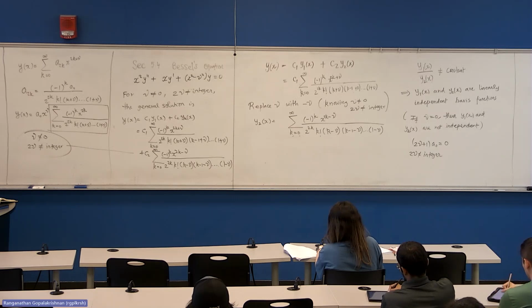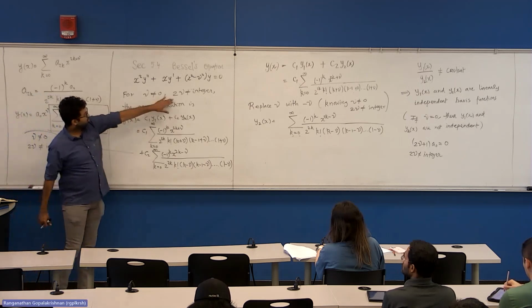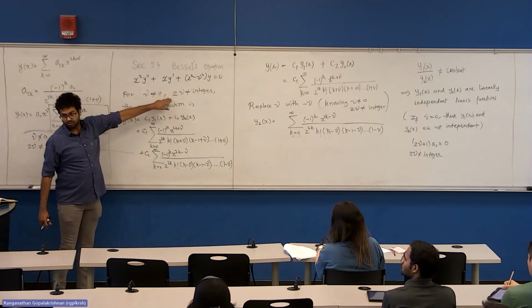Well, not necessarily. If say nu equals half, 2 nu becomes an integer. Nu is not an integer. Yeah, but you can't be an integer. What about 3 halves? That makes it an integer, I thought. Those cases are not covered by this solution.